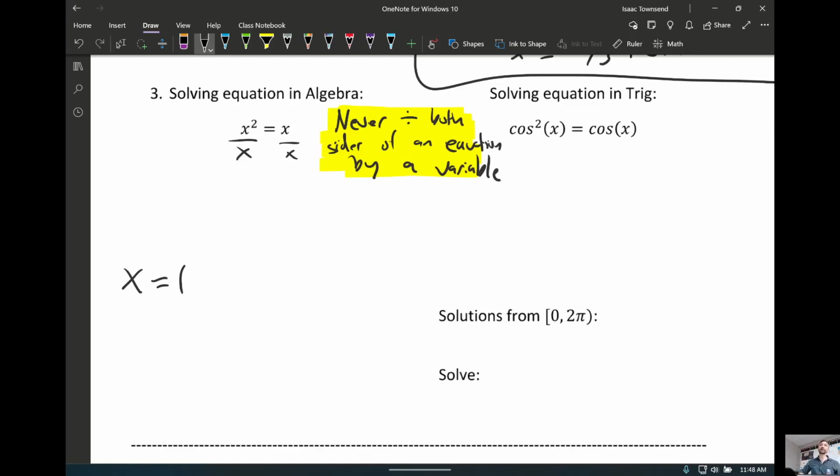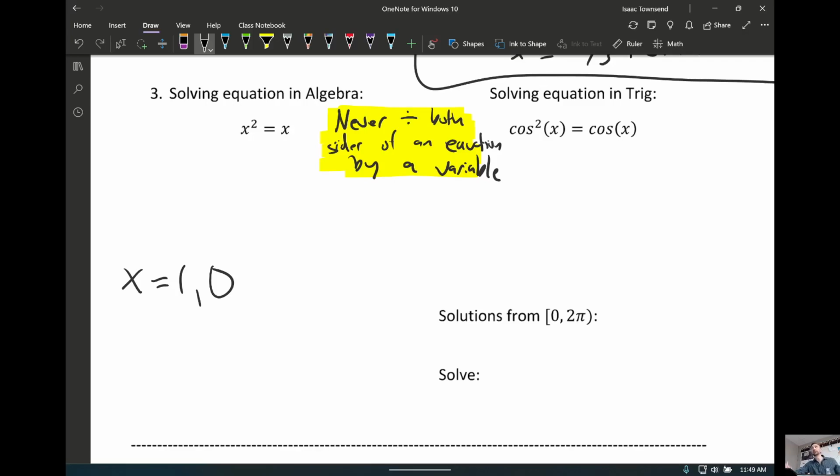I'm going to go back and erase that in just a second. The problem with doing that is you lose answers. 1 is not the only solution to this equation. What is something else that's the same as itself squared? Not -1. -1 squared is +1, so those aren't the same. But 0. You see how 0 also satisfies that?